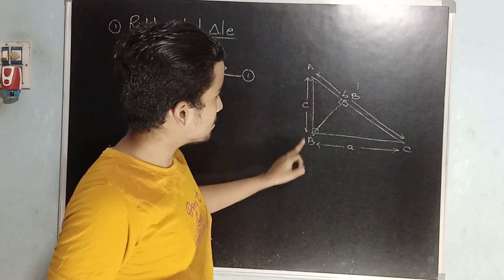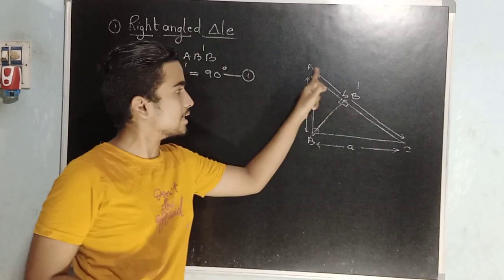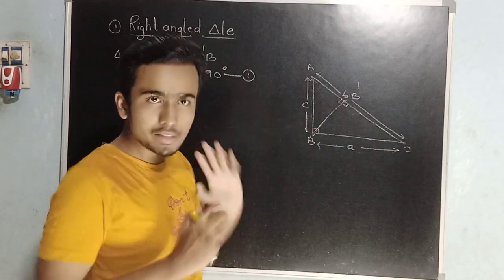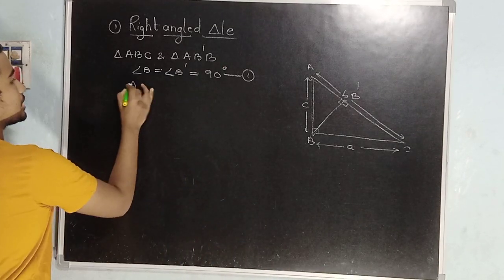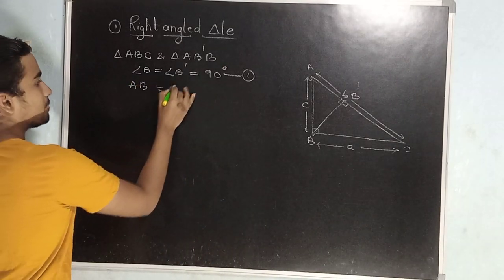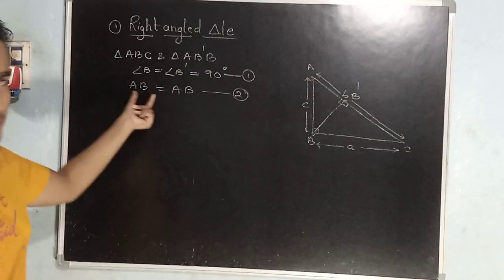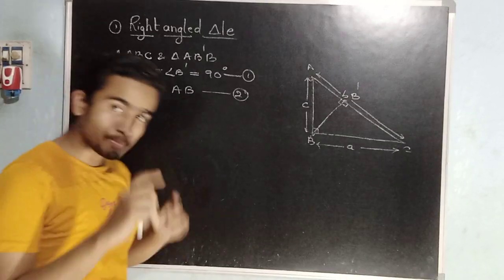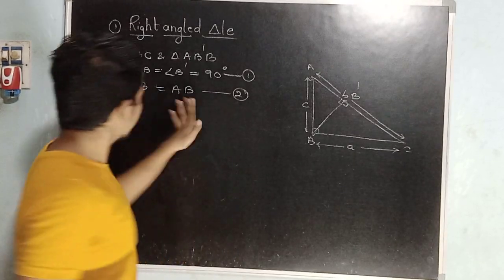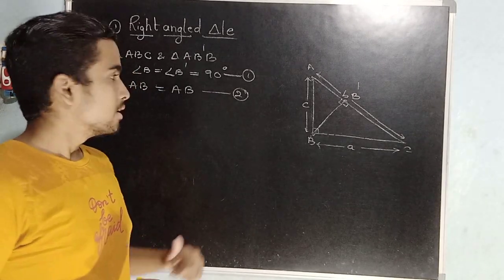AB is the common side for triangle ABC and triangle ABB dash. AB is equal to AB. This is our second condition. It means for those two triangles, there is a common side which is equal.